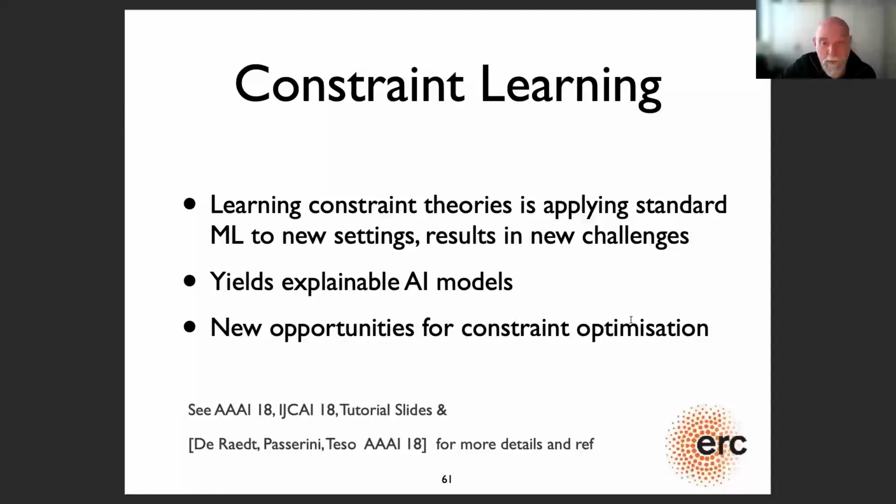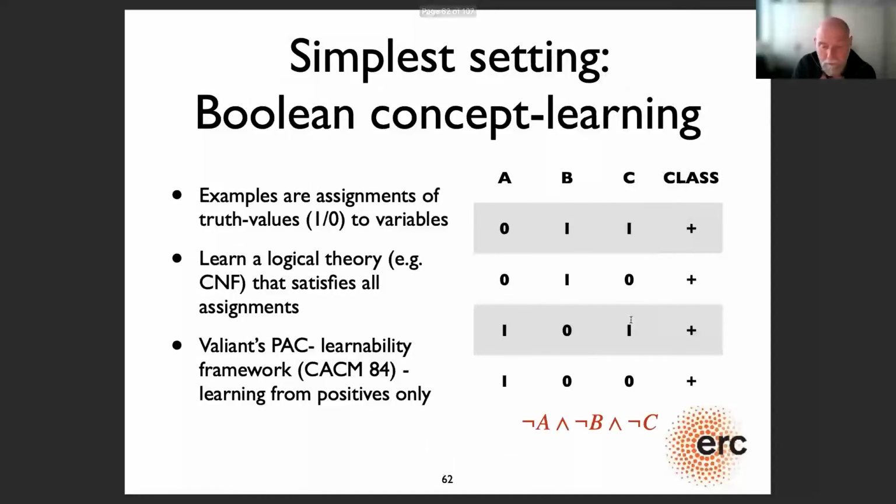explainable models. The simplest possible setting goes back to Leslie Valiant in his seminal CACM paper on PAC learnability, where he showed that you could learn CNF expressions, this k-CNF, in the probably approximately correct manner.